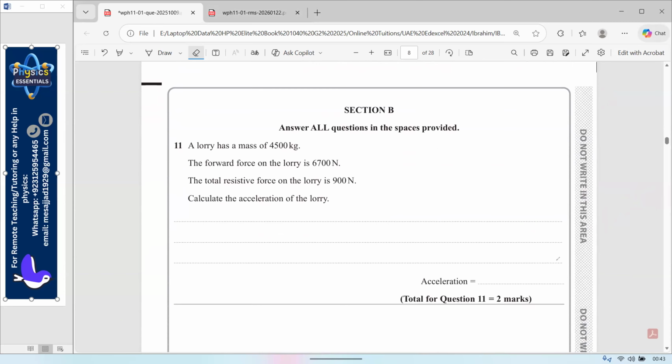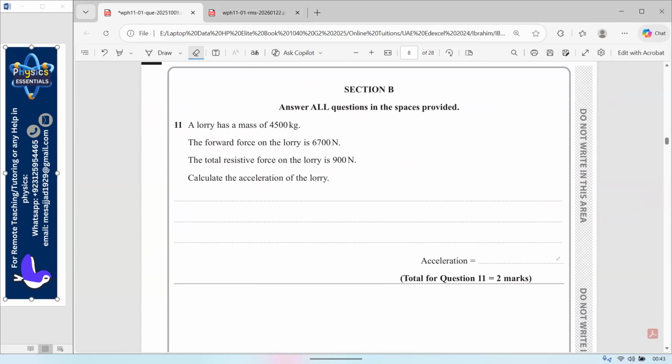Question number 11. A lorry has a mass of 4500 kg. The forward force on the lorry is 6700 and the resistive force on the lorry is 900. Calculate the acceleration of the lorry. Again, you can see that there are two or more forces acting on the object. And if the object is accelerating, it means there is some net force acting on the object.